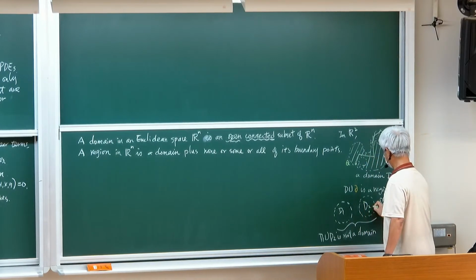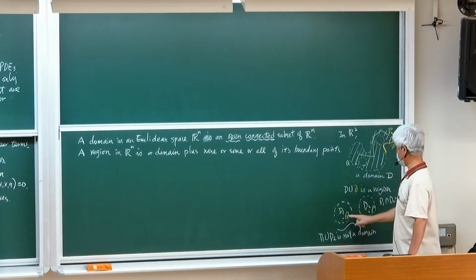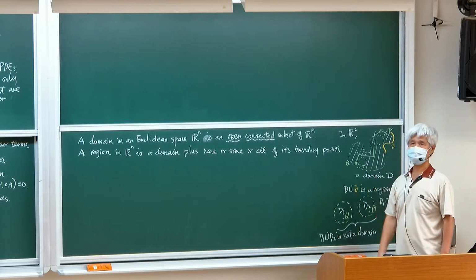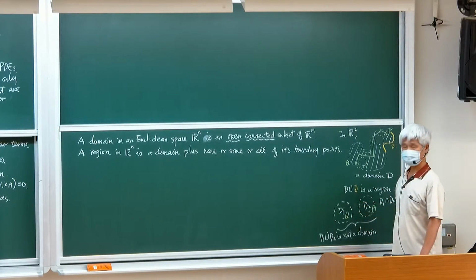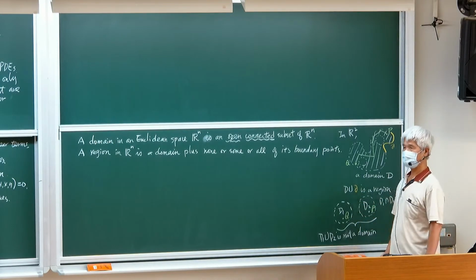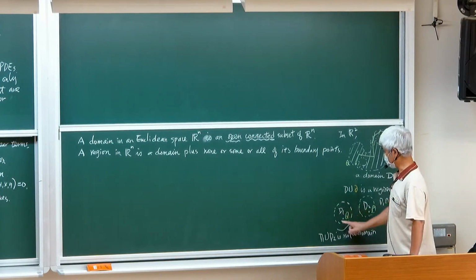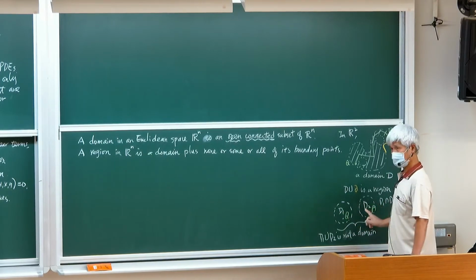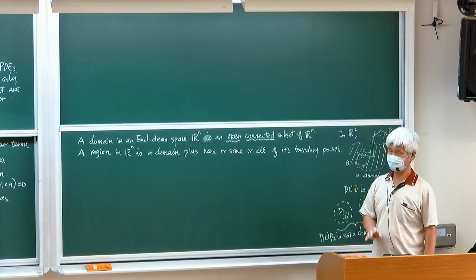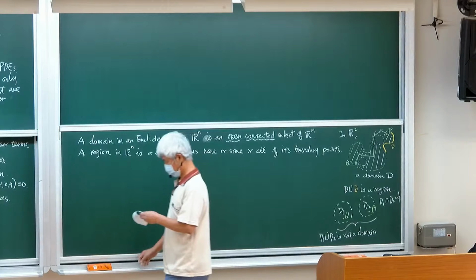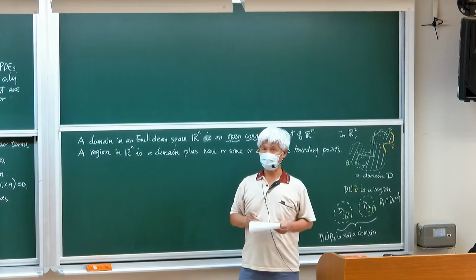If you pick this P and this Q, you can't connect Q and P by a polygon, because they are disjoint from each other. The union of D1 and D2 is not a domain, even though D1 itself is a domain and D2 is a domain again, but the union of these two domains together is not a domain anymore. Okay, so any questions about the concepts of domain and region?